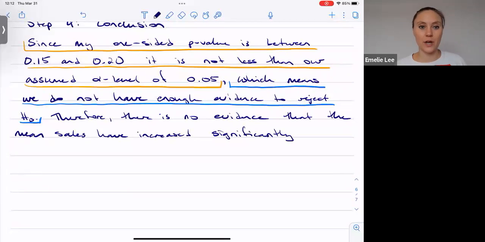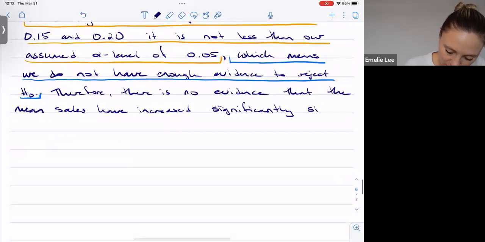They did increase on average, but not significantly overall, right? There is no evidence that the mean sales have increased significantly since the redesign.